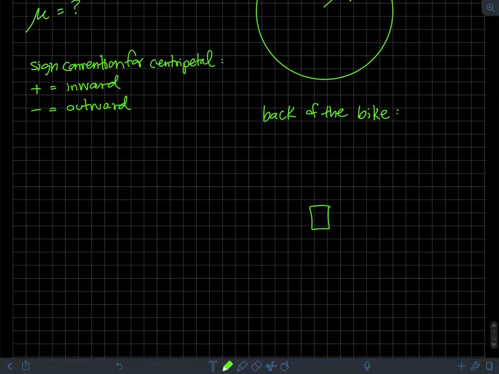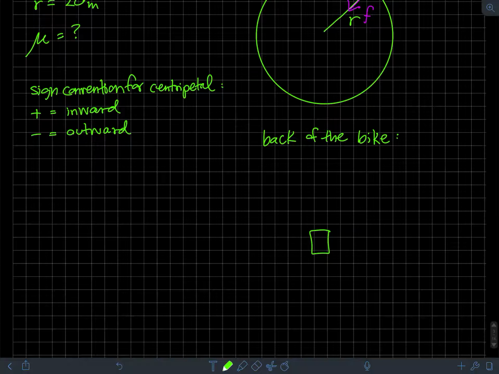Let's draw the forces here. Let's say that the center of the curve is over here, so that in this situation, the bike is moving away from us. We're looking at the back of the bike, and the bike is driving into the page, into the screen. Okay. So we know that we have the friction force this way, keeping us in the curve.